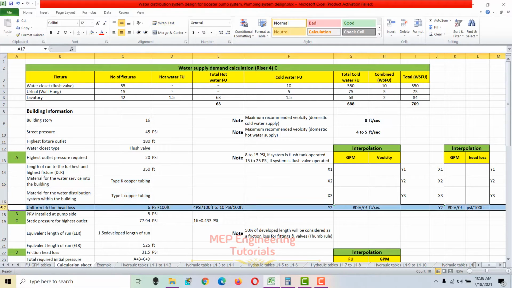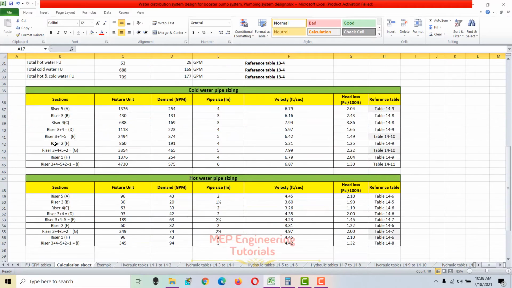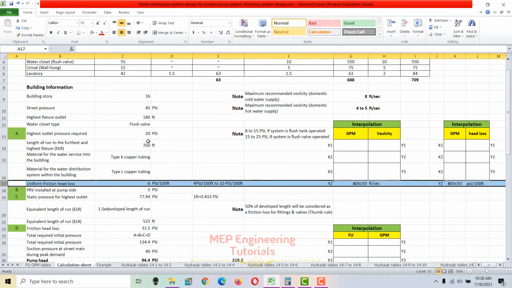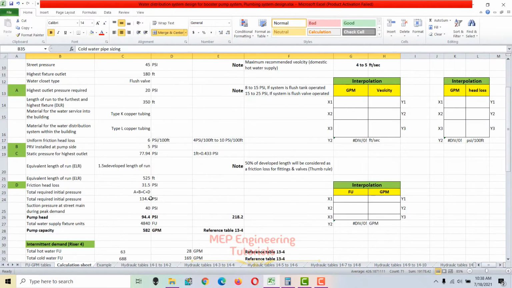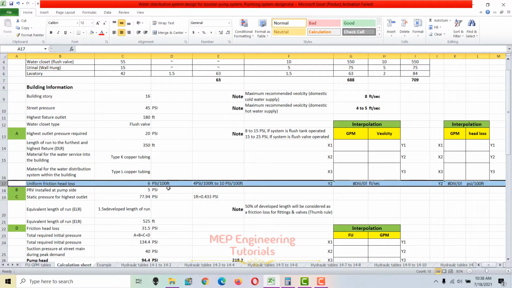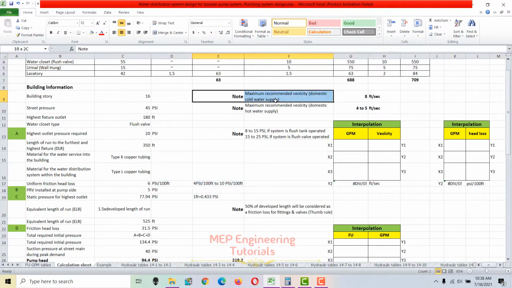So next thing we have here is uniform friction head loss. We are going to use uniform friction head loss in order to calculate the hot and cold water pipe sizing, and we need to keep two things in mind while we do the sizing of the cold water and hot water pipes. One is the uniform friction head loss, which we set over here, and the second is the velocity.